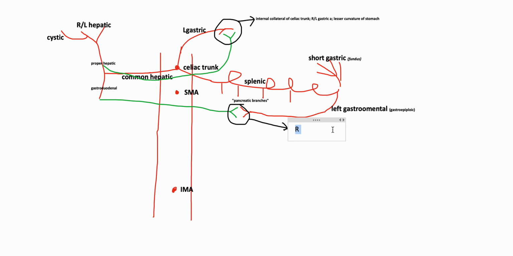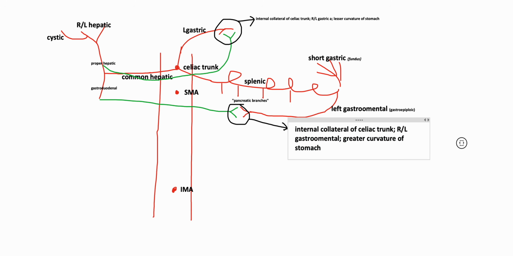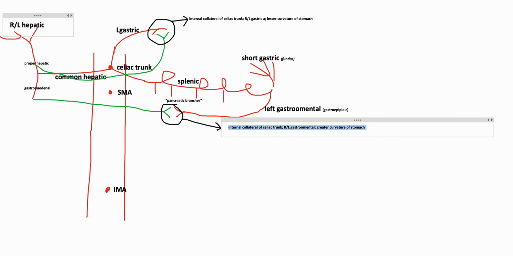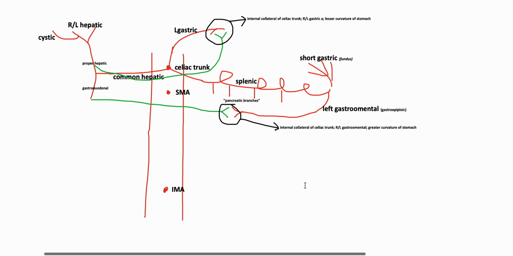So we're going to put internal collateral of celiac trunk between right and left gastroomental arteries around the greater curvature of the stomach.